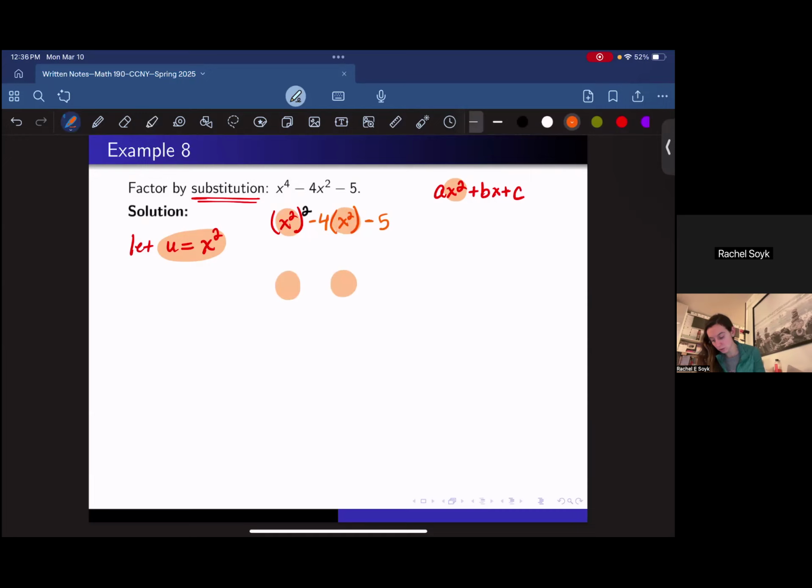And when we do, we end up with u squared minus 4u minus 5, which is back down to a nice straightforward standard traditional factoring method, right? U goes here because our coefficient is just 1. What are factor pairs of -5 that add to -4?